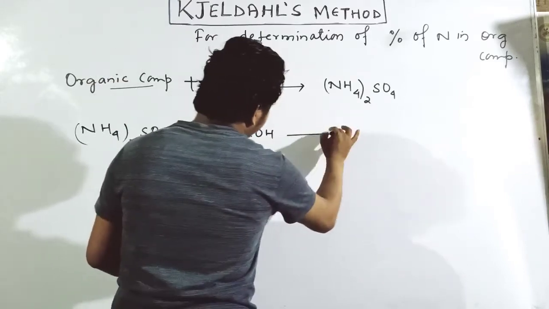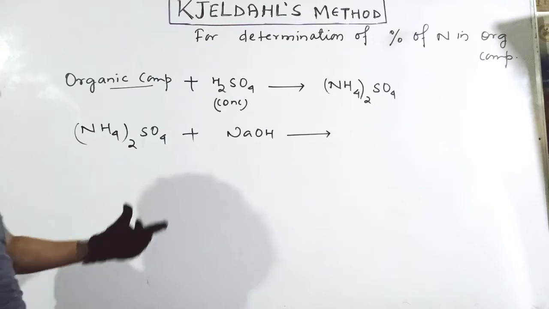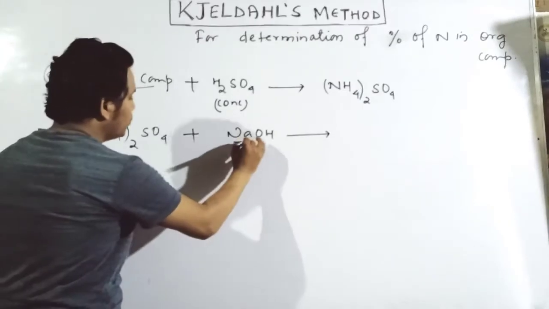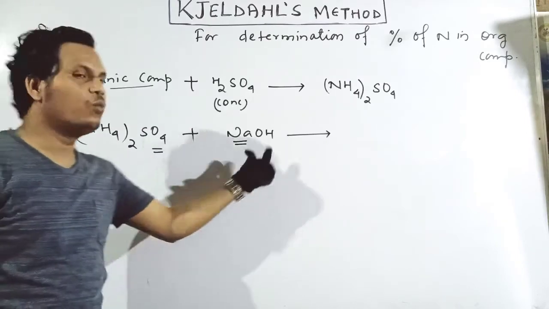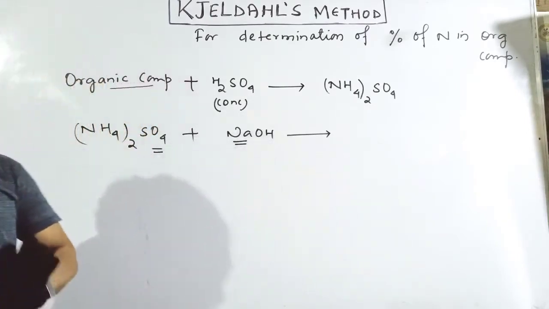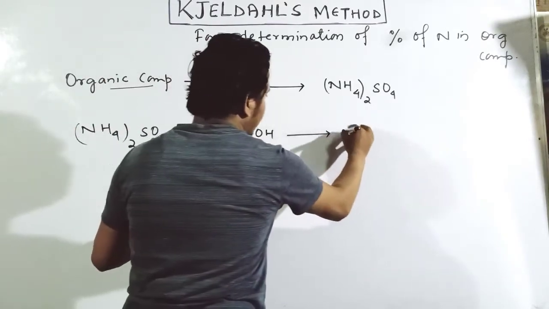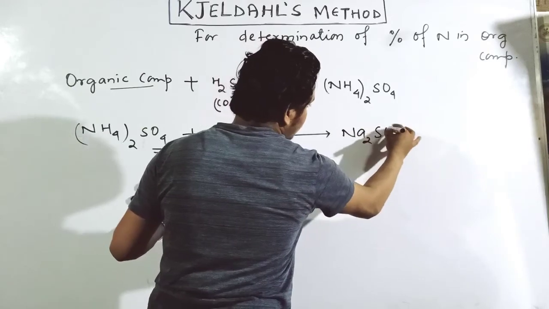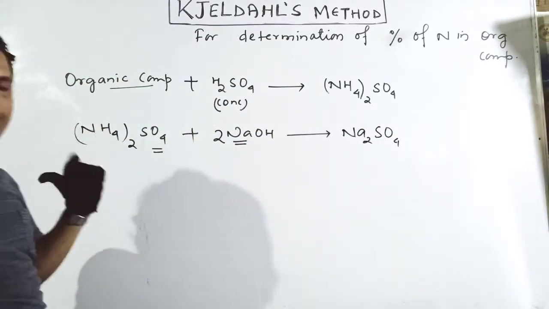When it reacts with alkali, then what may be the product? This will give us sodium sulfate, ammonia and water. Now Na2SO4, sodium sulfate. Now NH4, ammonia will evolve.